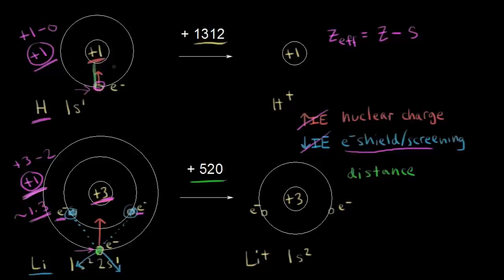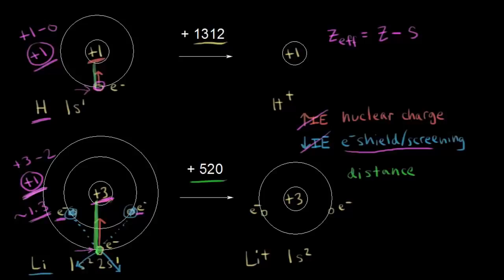The closer you are, the more of an attractive force you will feel. So that electron feels a very strong attractive force, so it's hard to pull that electron away. For lithium, this outer shell electron is on average a further distance away from the nucleus, and so it doesn't have as much of an attractive pull towards the nucleus. There's not as great of an attractive force, so it's easier to pull that outer electron away.